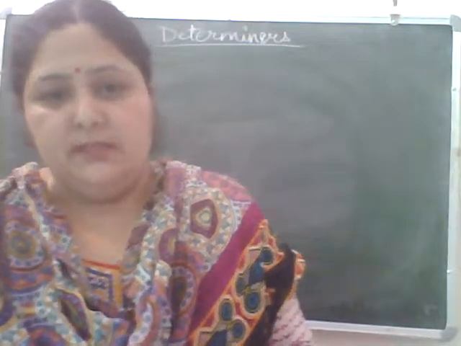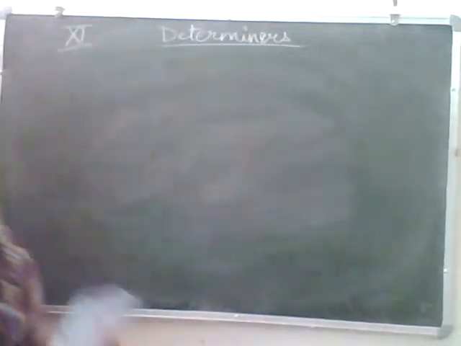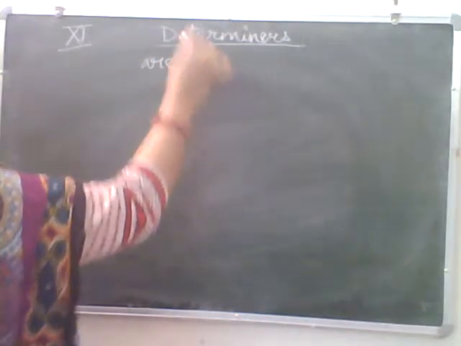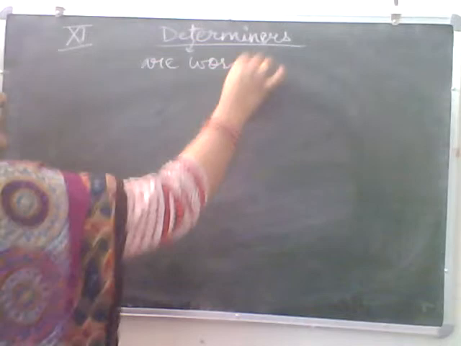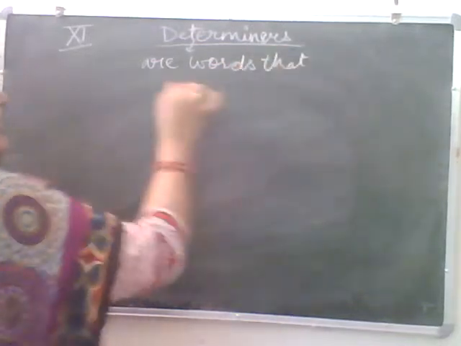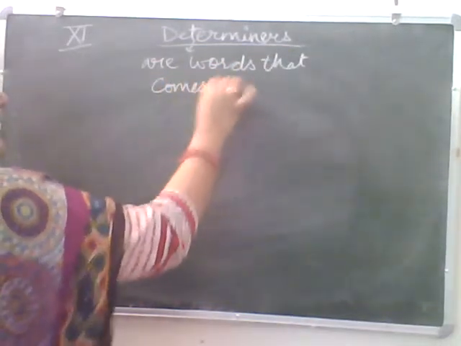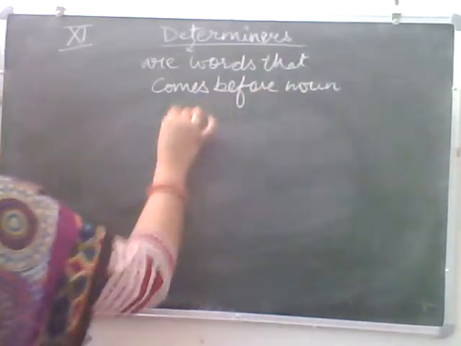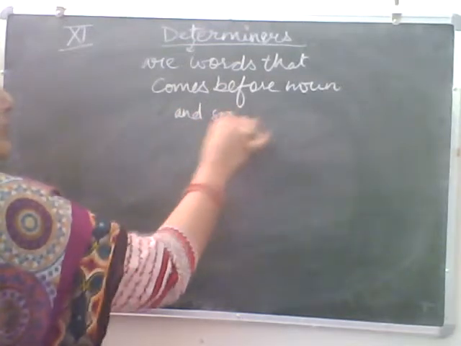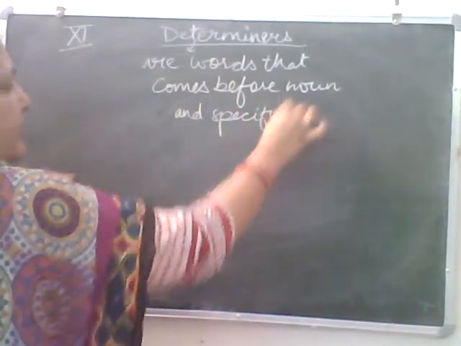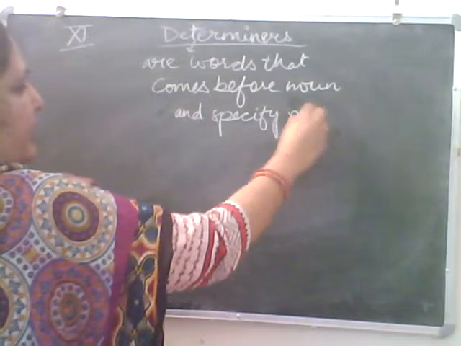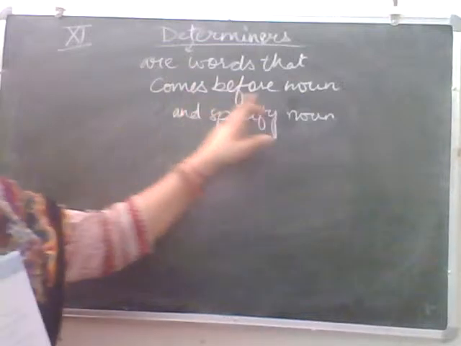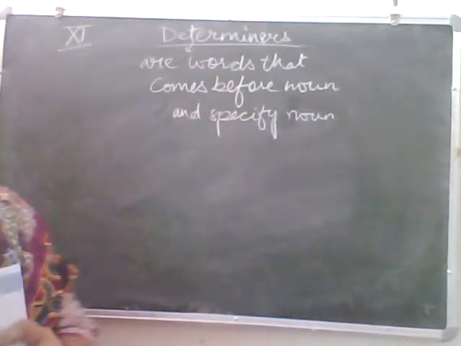So determiners are words that come before a noun and specify it. These are the words that come before nouns and specify nouns.